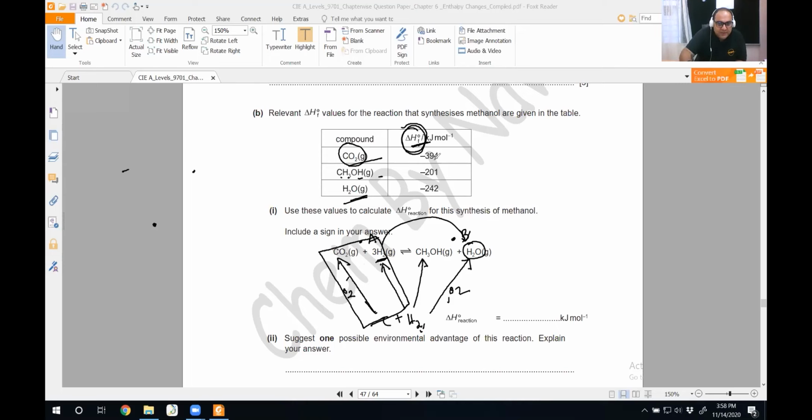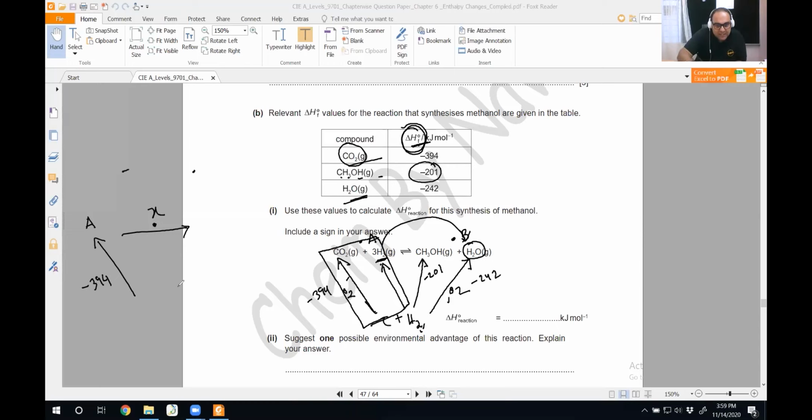What is the formation of carbon dioxide? Minus 394. And we do not have anything for hydrogen. So this will be minus 394. The enthalpy of reaction, we don't know, so that is our X. Here, the formation is minus 201, and the formation is minus 242.